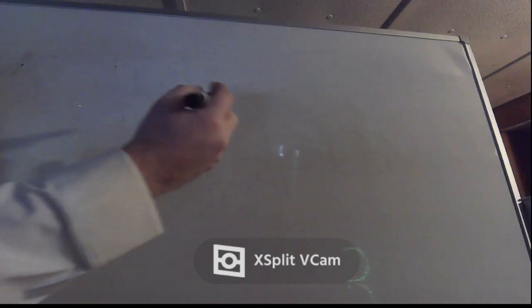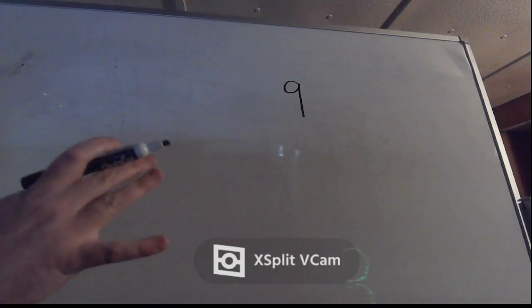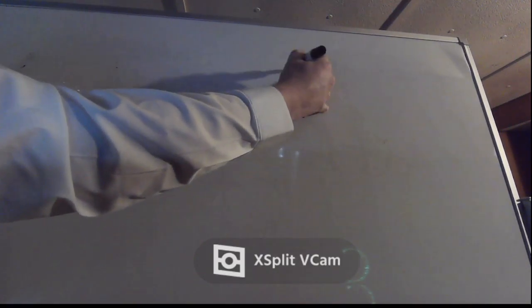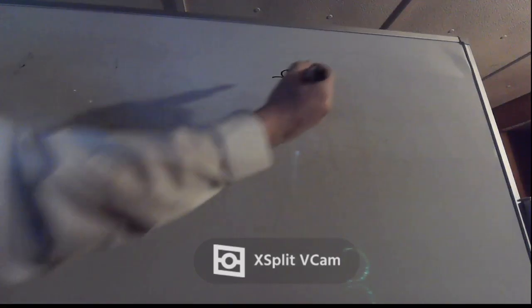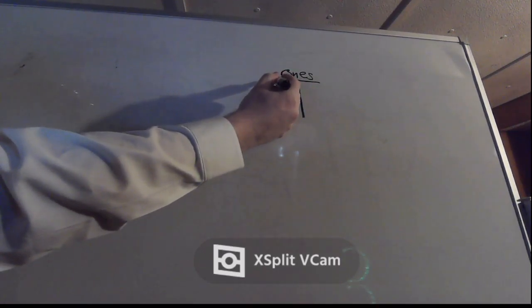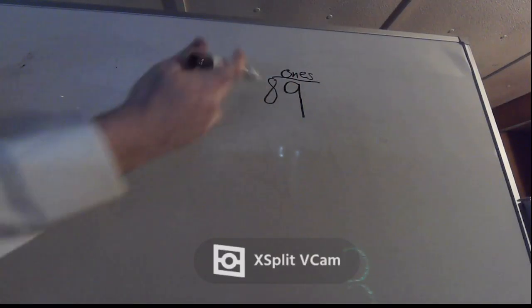Alright. So now that we got that out of the way, let's talk about digits and place value. Let's say I have the number 9 here. 9 by itself is in the ones place. Let's say I add an 8 here in front of the 9. I have the number 89.